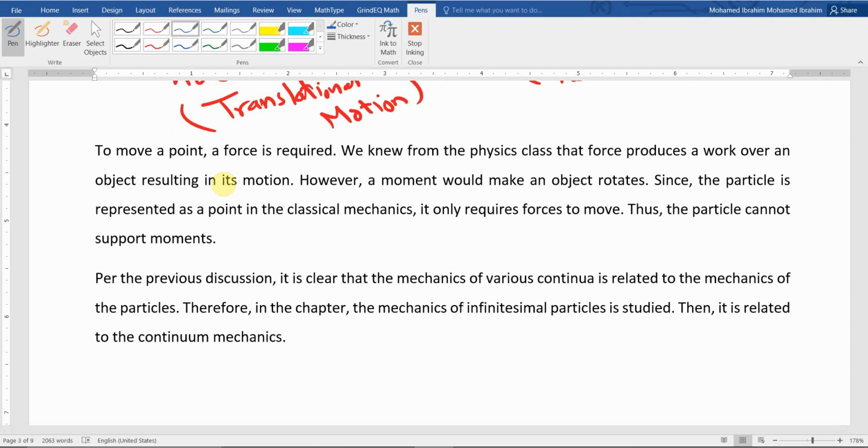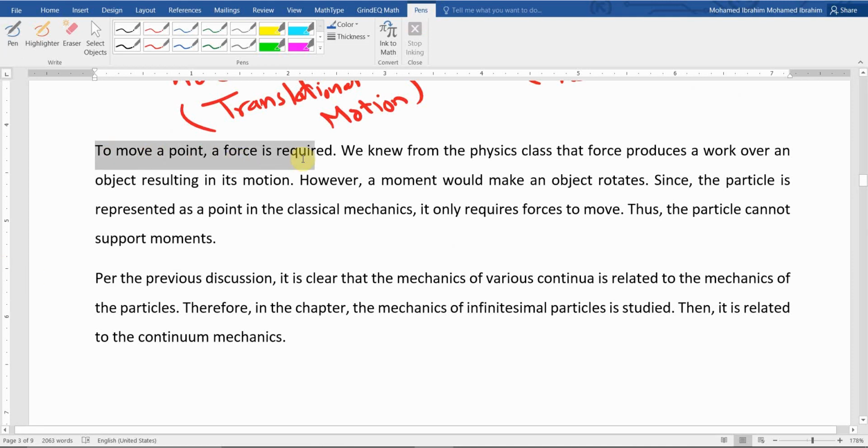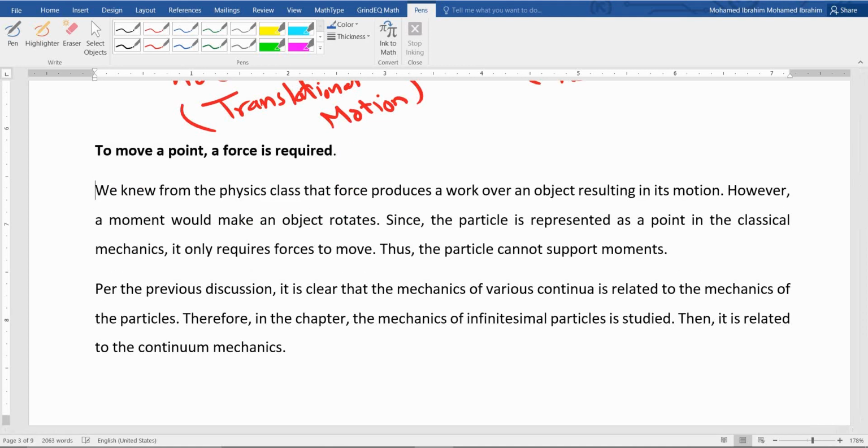This is even from the mechanics of materials class or the dynamics class. Make sense? So to move a point requires a force, and this is another subject here. We knew from the physics class that the force produces work over an object.